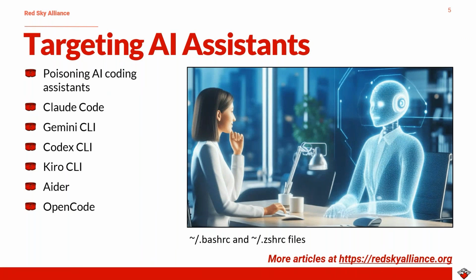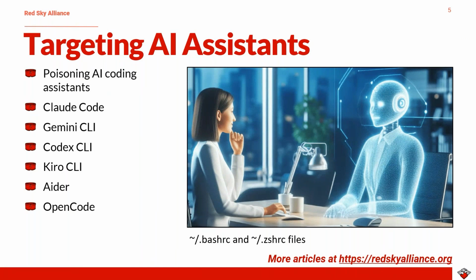If found, the malware injects a 3,500 byte heredoc block, which is a method of inserting a large chunk of code directly into a script, into the .bashrc and .zshrc files. For your information, these types of files serve as startup scripts for the computer's command line.